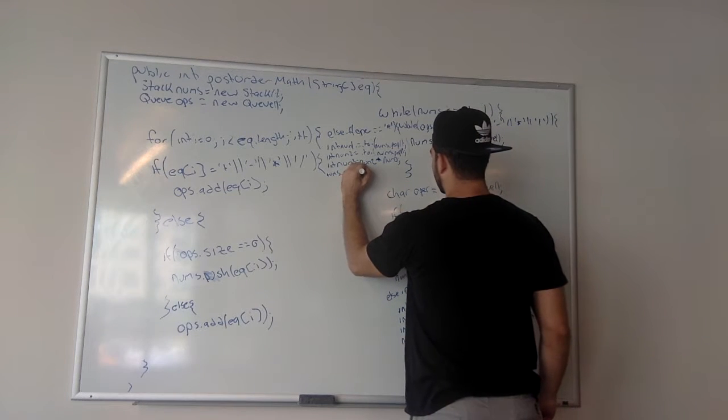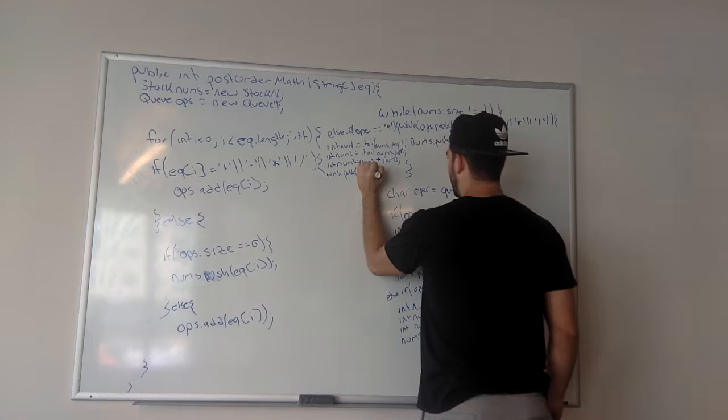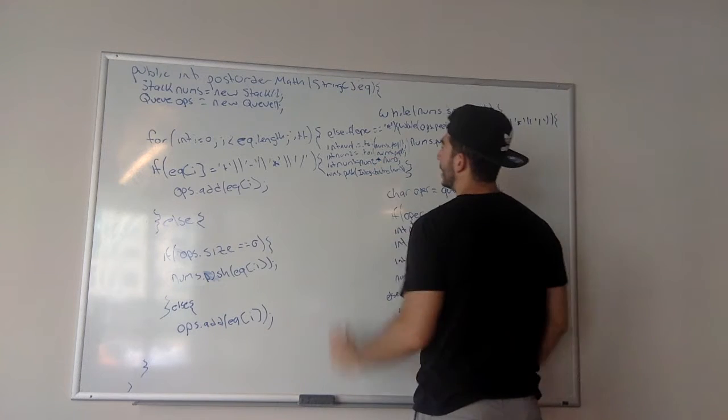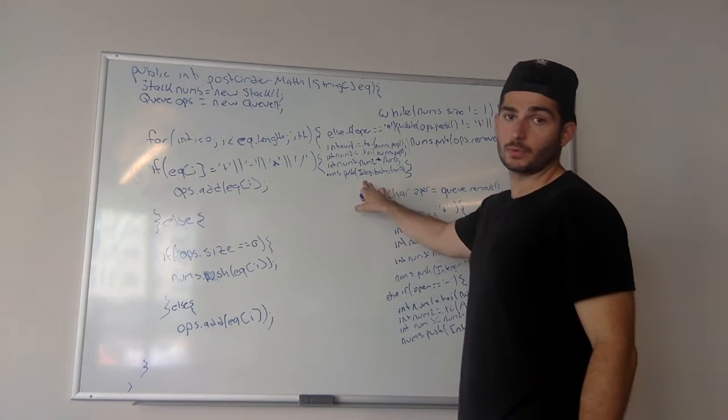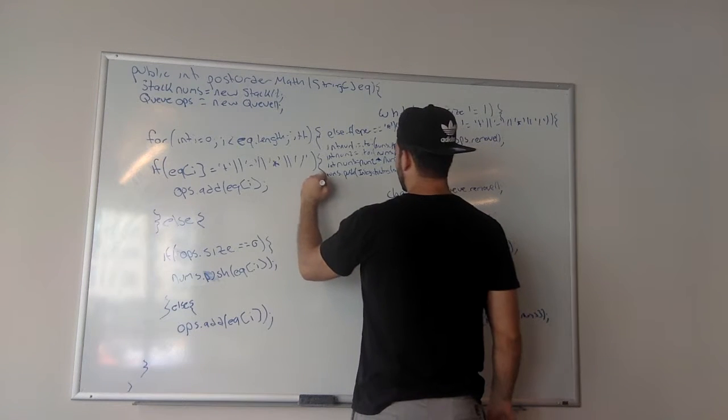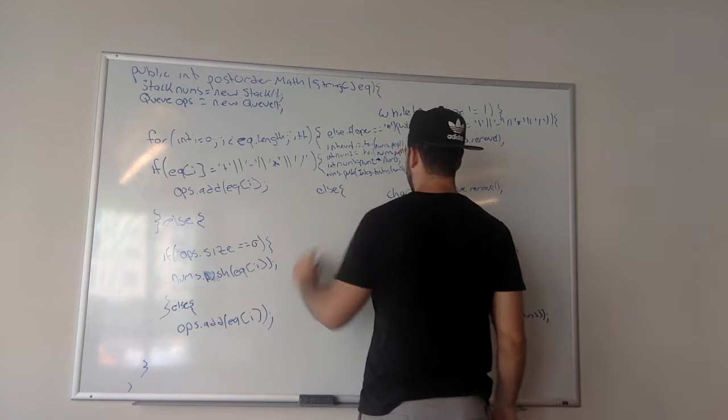So integer toString num3, and we'll just do this one more time for our division operator.